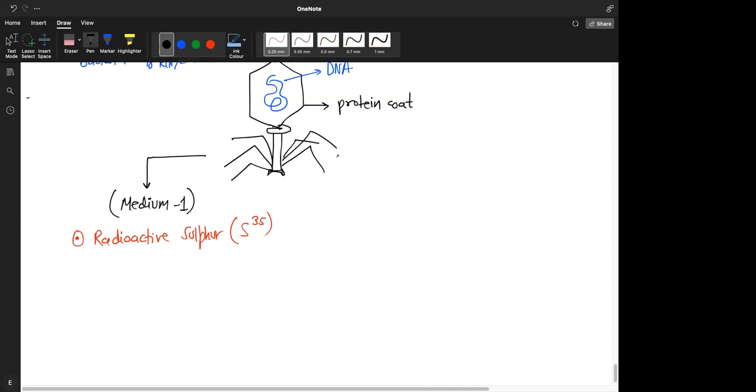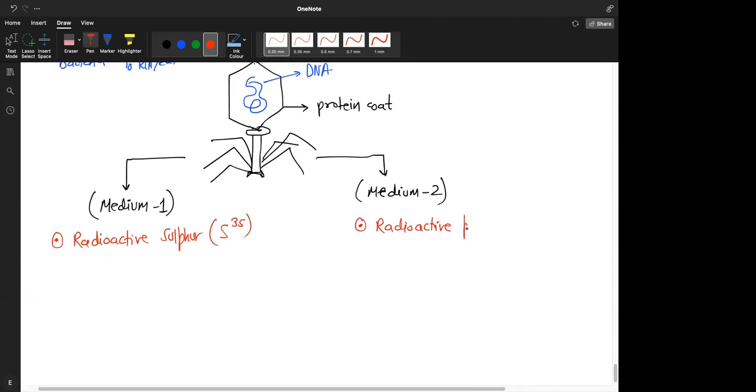Okay. And in second medium, they used radioactive phosphorus, P32.